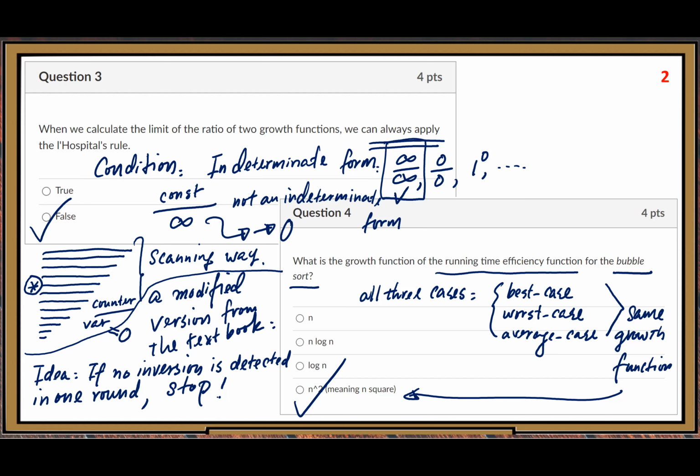So you can stop immediately. That's the improvement, that could be a little better. But still, n squared is the answer. All right, so that's the bubble sort.